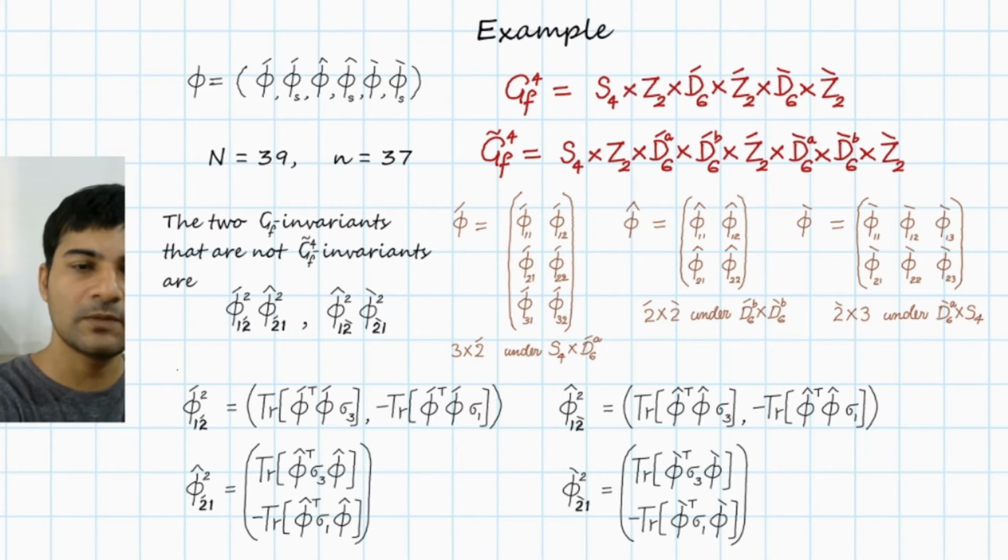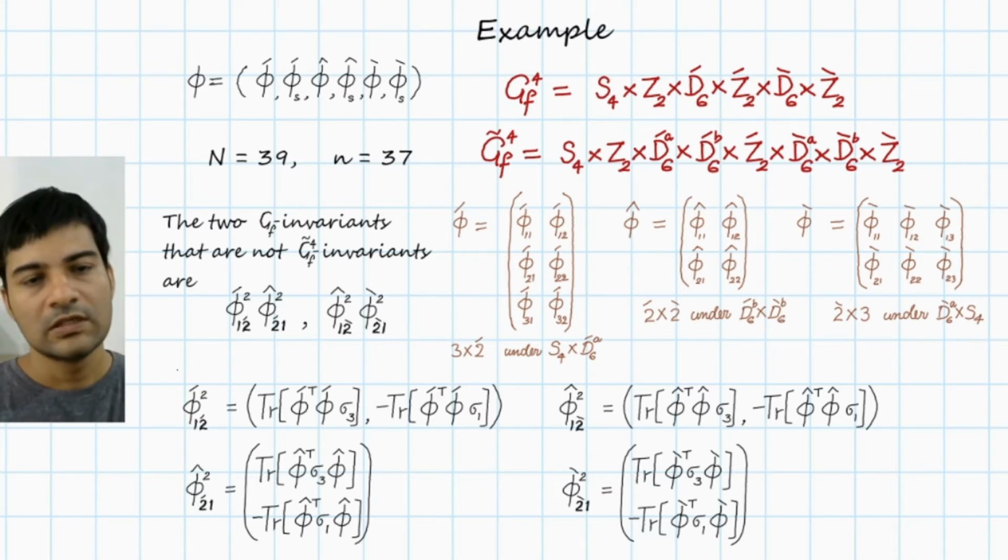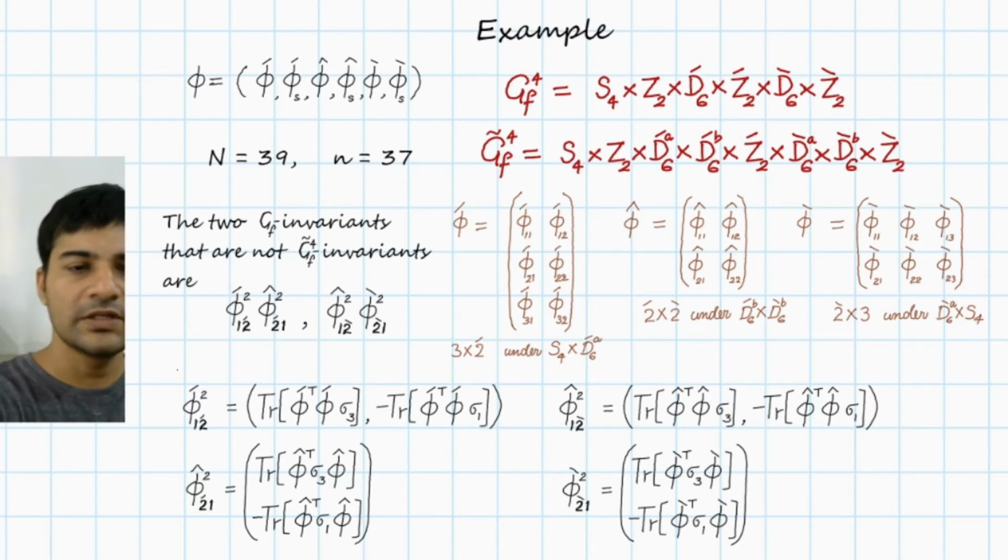The first multiplet, I wrote it as acute phi square 1 acute 2. So what does this notation mean? This is constructed with acute phi. It is second order and it is transforming as a singlet under S4 and a doublet under acute D6.